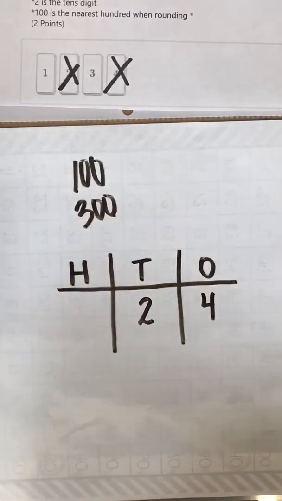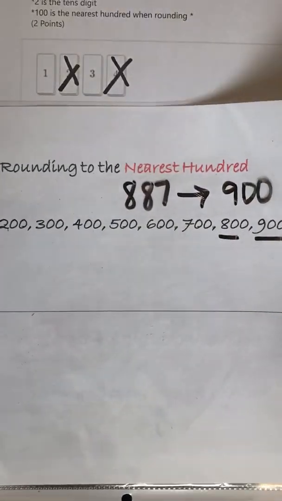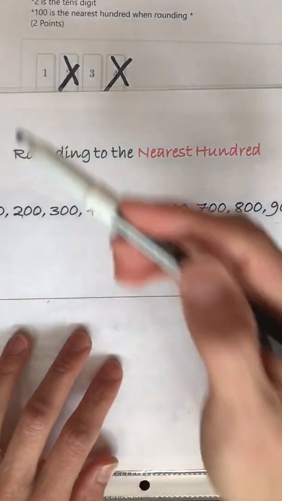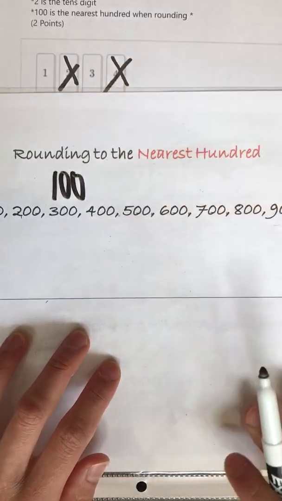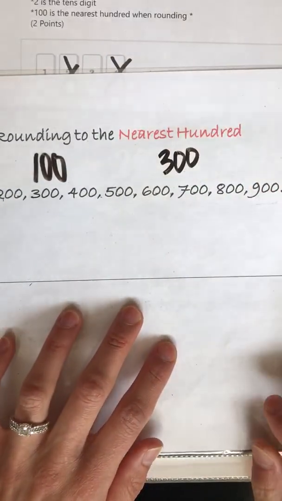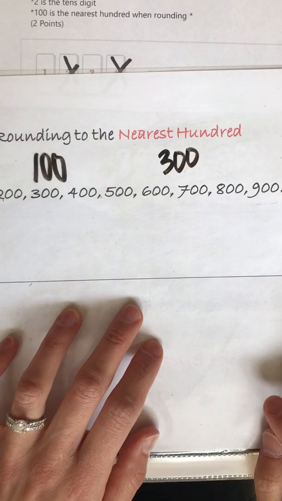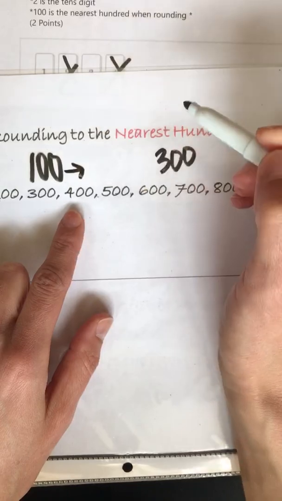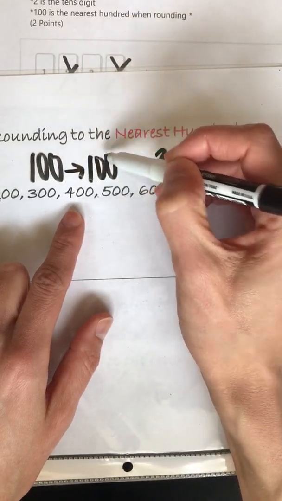So I'm going to ask you to round 100 for me first. And when you're ready, you can round 300 for me to the nearest 100. When you're ready, press play. Okay, friends, great job. So you should have told me that 100 rounded to 100. That was kind of easy, right?